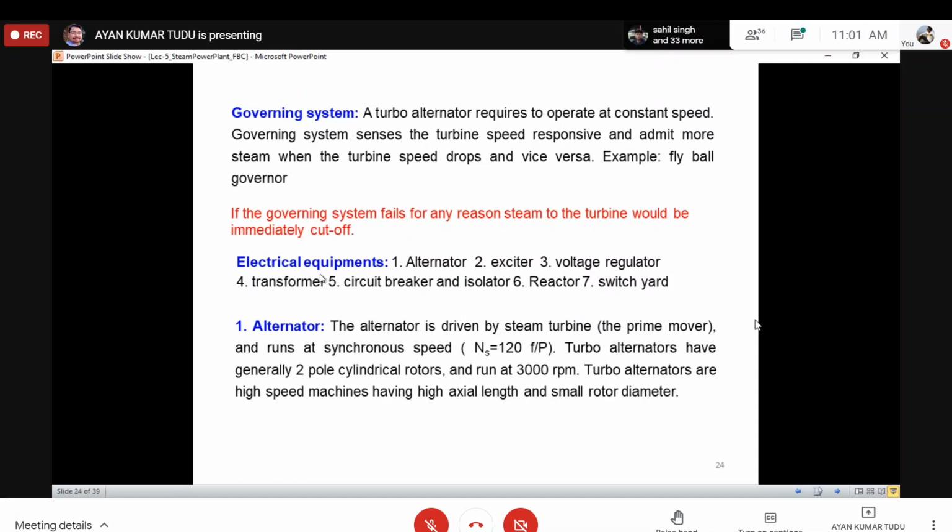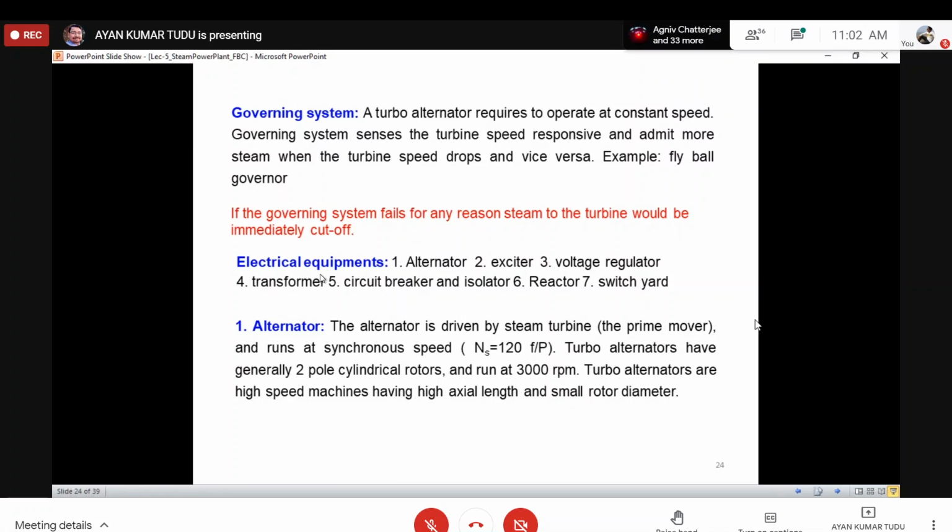Okay. So that is how the governing system works. It will be sensing any drop or increase in the speed of the governor rotor, meaning the turbine speed.